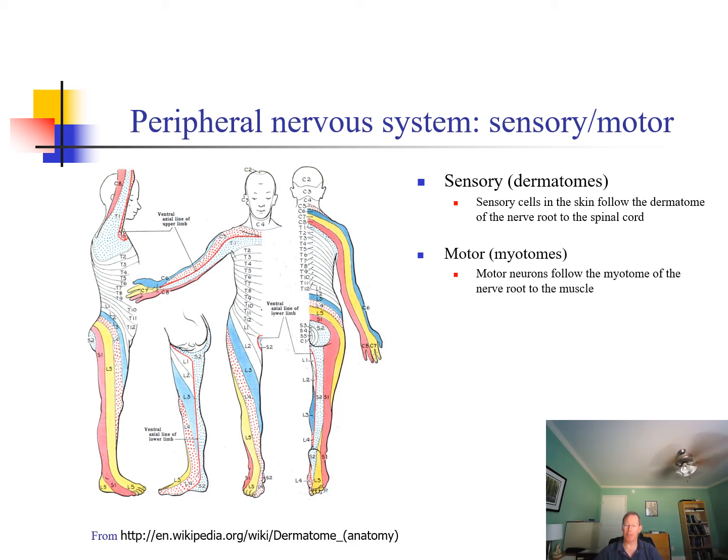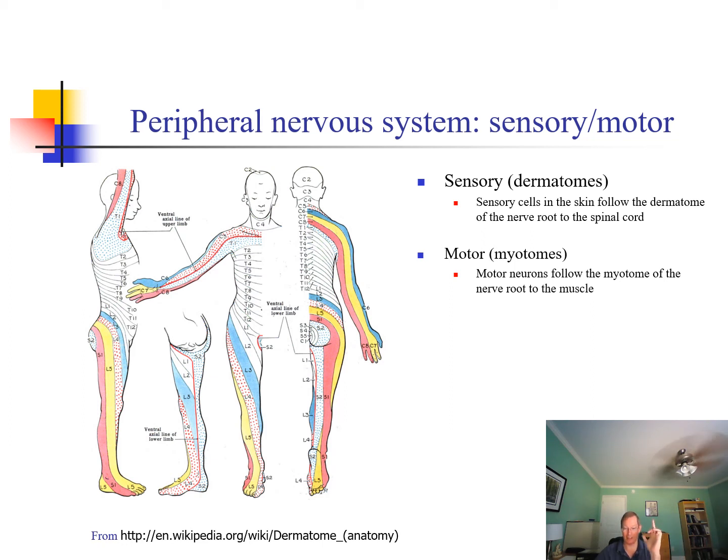So my head is mostly in the cervical region. My arms are also in the cervical region, although there's one thoracic also present. But an easy way to remember this is C7.